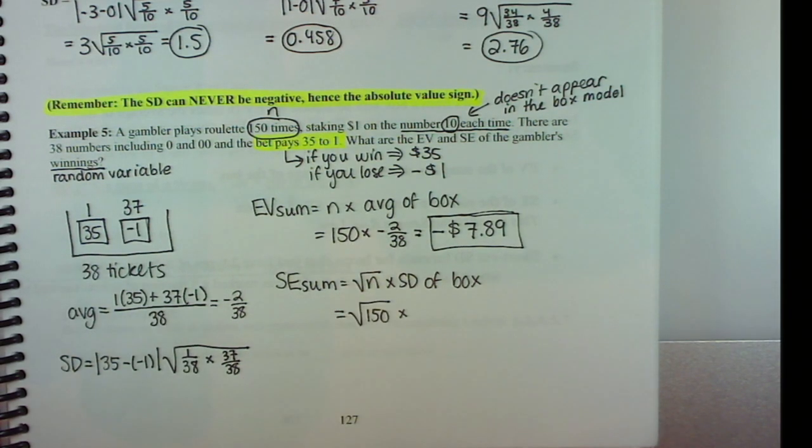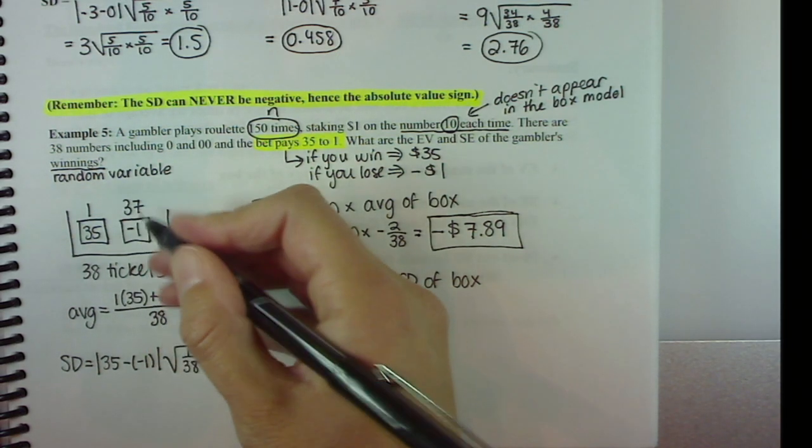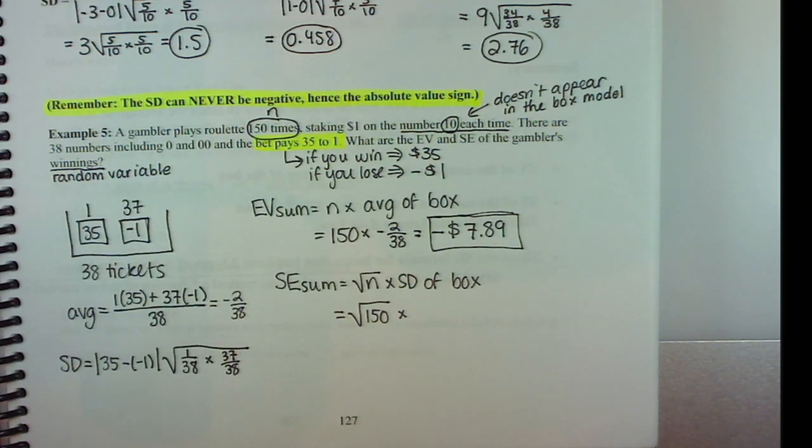37/38. Not to be confused with another common mistake I see, where people put, oh, the fraction of -1s, is that -1/38? No, because that would give me a negative and mess up everything. It's what's the chance of getting a -1, that's a good way to think about it.